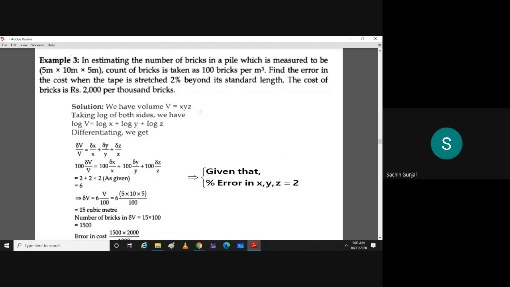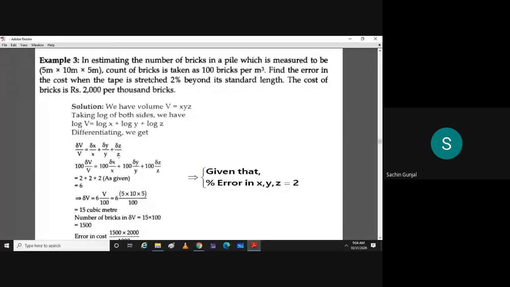So obviously volume is given by x into y into z, length into breadth into height. Okay. So taking log on both sides, log V is equal to log x plus log y plus log z. So differentiating, 1 by V dV is equal to 1 by x dx plus 1 by y dy plus 1 by z dz.